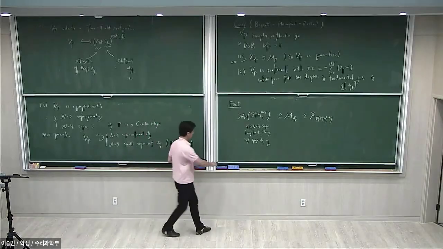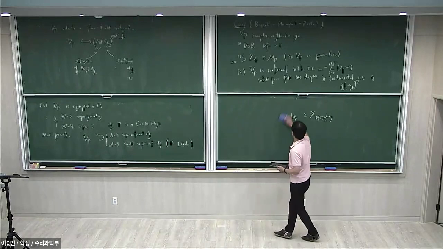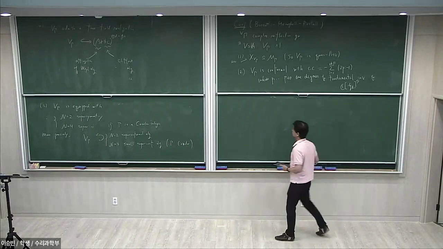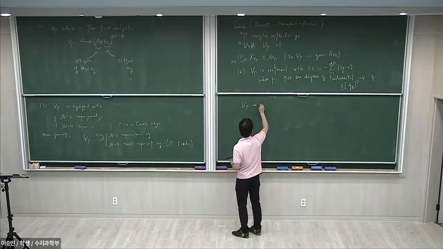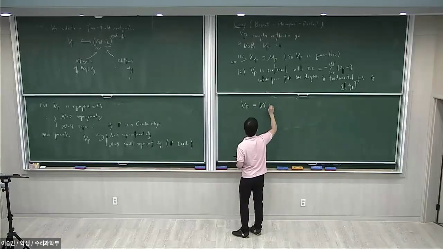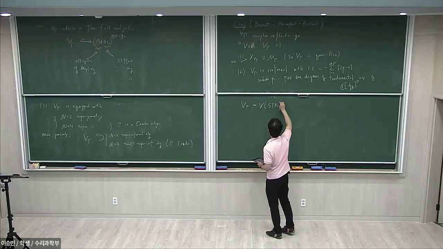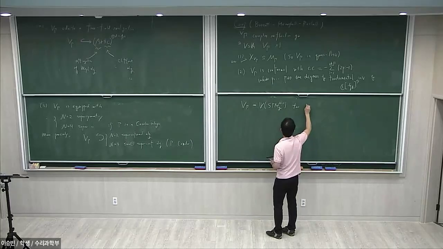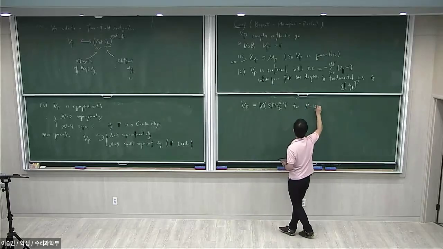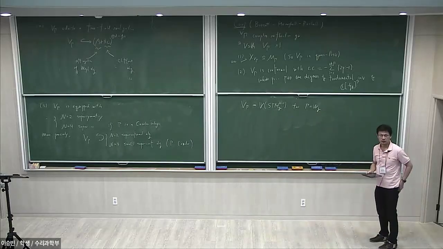Of course, this V_Gamma should be the vertex algebra coming from super Yang-Mills theory when Gamma is the Weyl group.